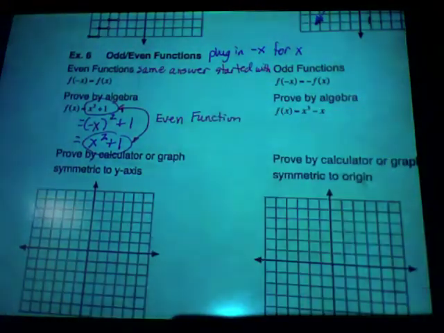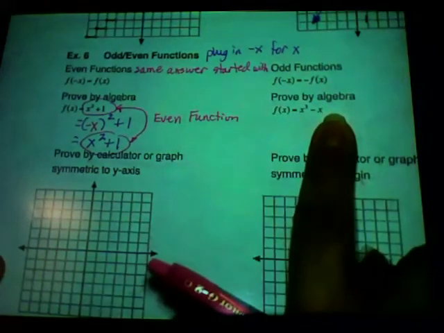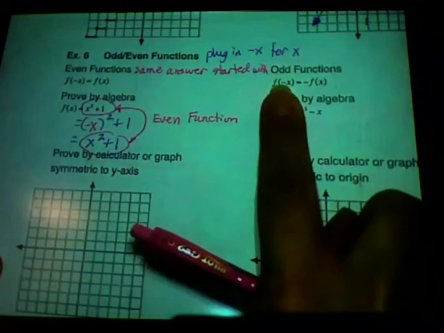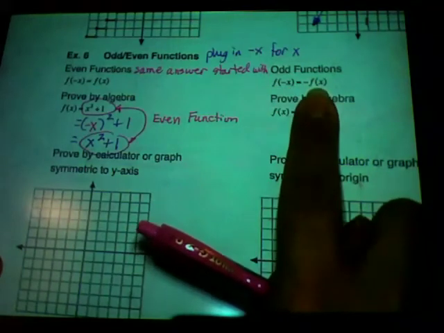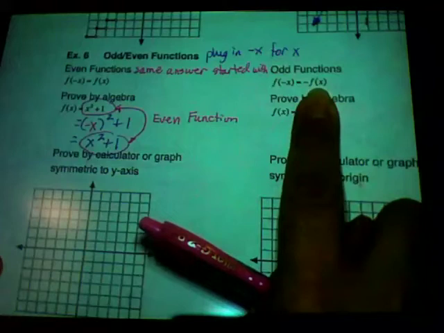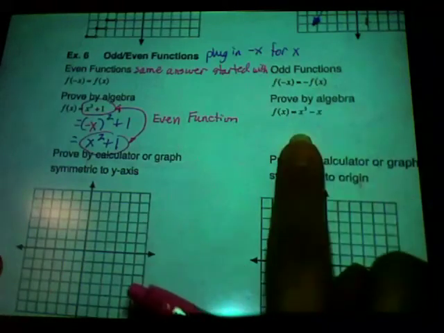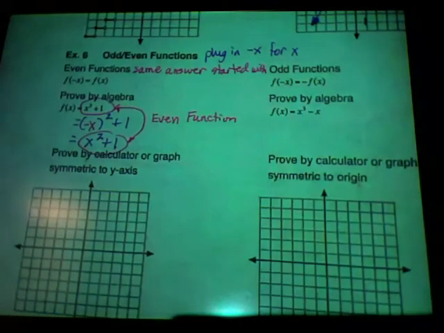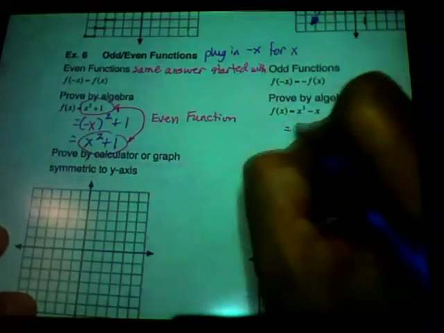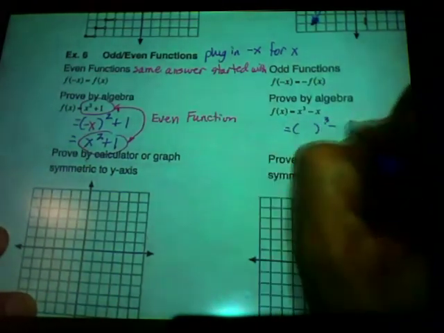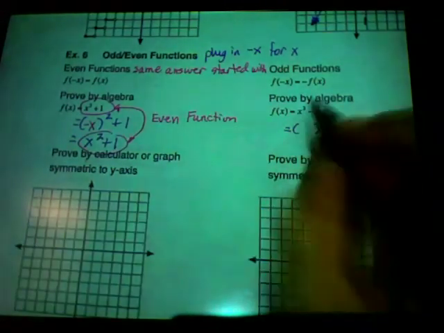If your signs change to exactly the opposite signs, it's going to be an odd function. So look at what happens over here. This is saying that if I plug in a negative x, I'm going to get all the opposite signs on my function. My function is essentially going to be multiplied by negative 1. So let's try it on this one. So every x, I'm going to replace with a negative x.